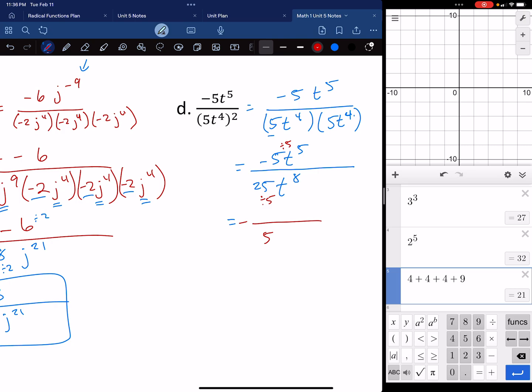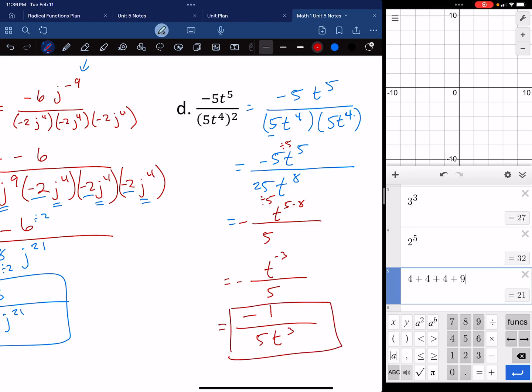So one way to think about this is I could have done 5 minus 8, which is t to the negative 3. We still have 5 on bottom. We have a negative power now, so we just move it down. So we have negative 1 over 5t to the third. Okay, there's your final answer for that one.